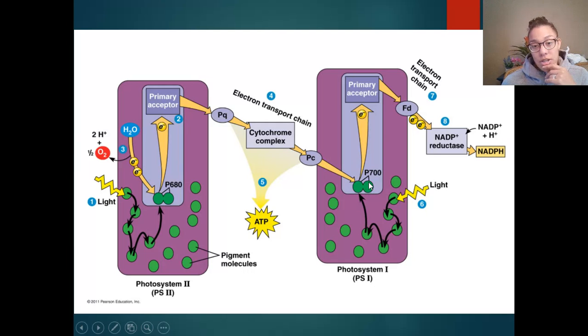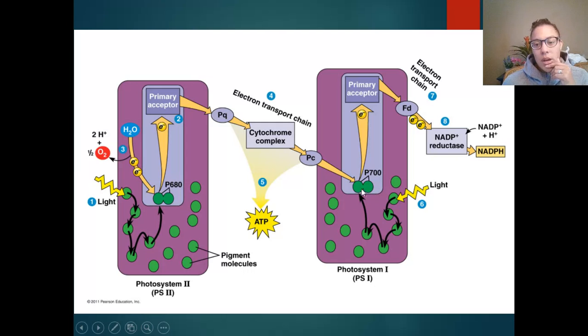They lost their energy because they passed it off during that electron transport chain. So light has to come back in and re-energize those electrons and replace them. And then those electrons can leave and cycle back into photosystem 2 if they want to. Or they can just hang out in here to be re-energized by light energy.